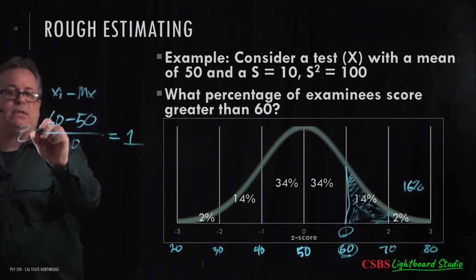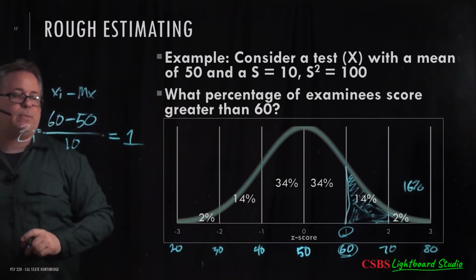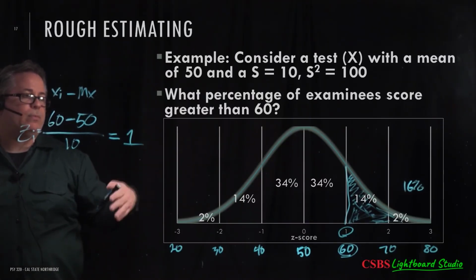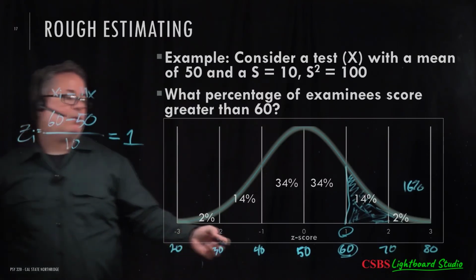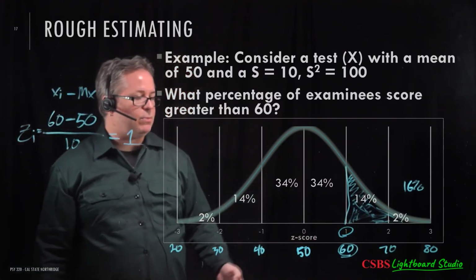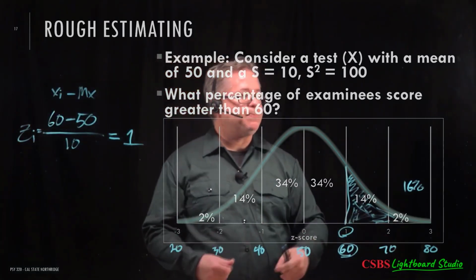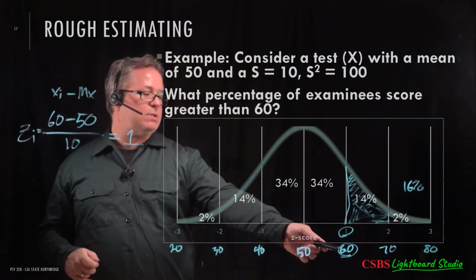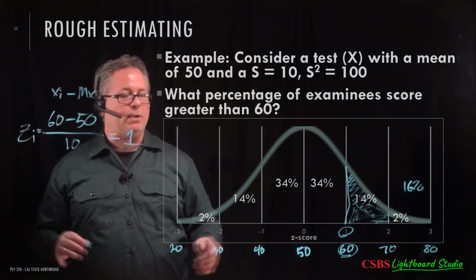So my z corresponds to 1. And then I can figure out what percentage of scores are above 1. I know it's 14 and 2, so 16%. Or if I had just written this out, I wouldn't need to do all this conversion. I could just figure out that 60 corresponds to 1 and be done with it.